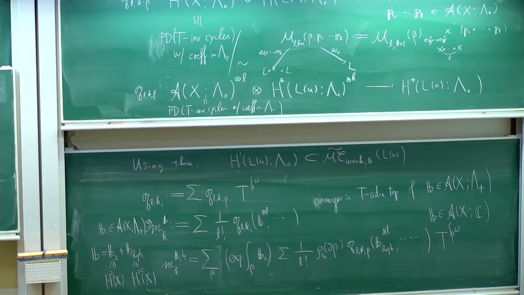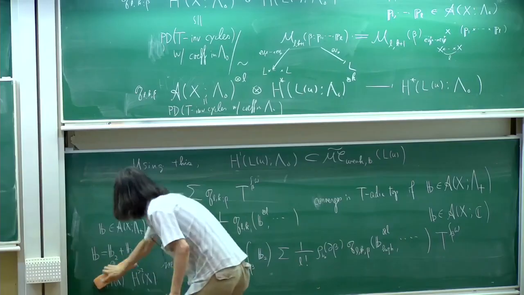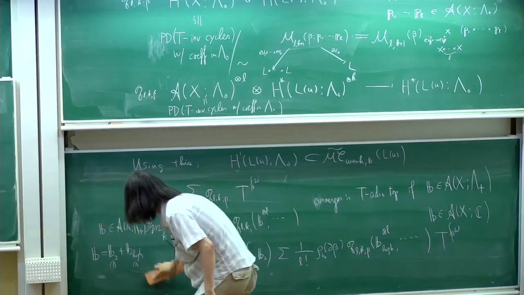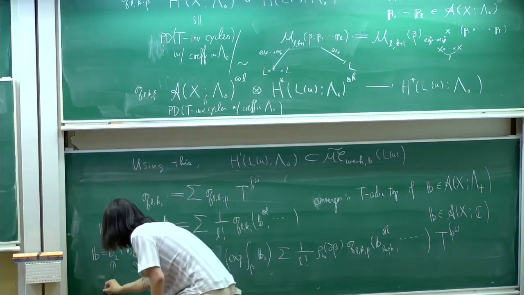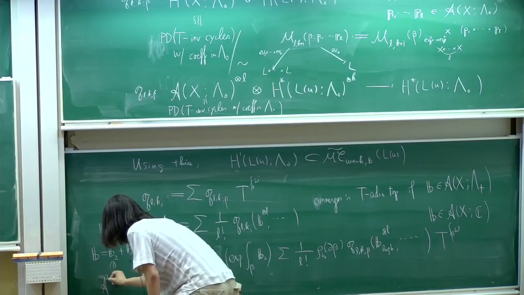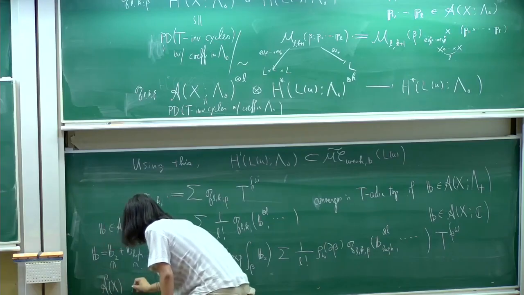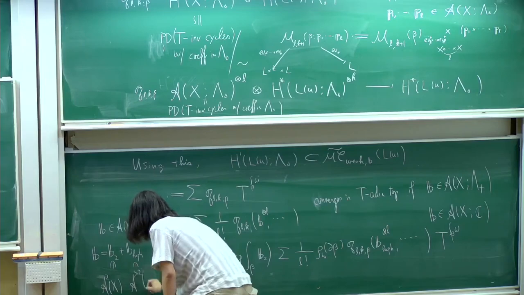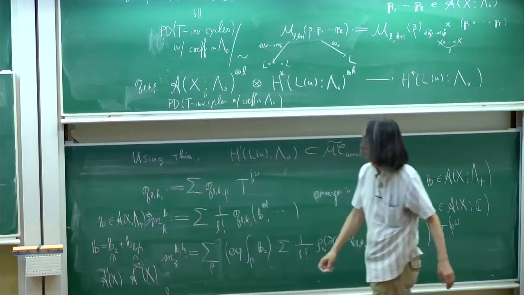So this is degree 0, and this is degree 2, and higher degrees. Okay. So we take such a basis, and then this B2 and B high are actually in this A2 of x, and this A of degree bigger than 2 of x. So like this.